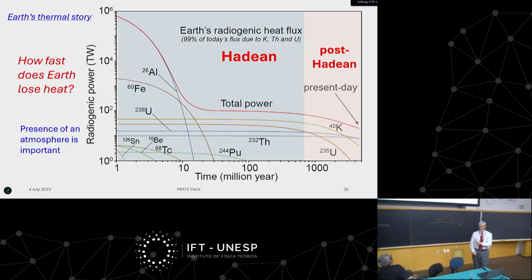Next slide. This is the model for how the Earth's radioactive power has decayed through time. And I want to have people like John and Stefan who look at this sort of power problem for the Earth tell me about the Earth's cooling history.